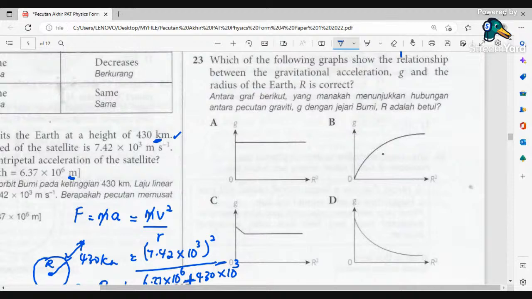Okay, g with R. Using the formula from just now, GM divided by R squared, the relationship is inversely proportional.